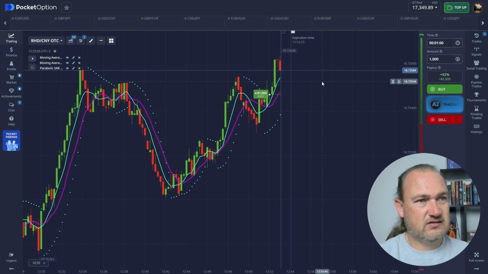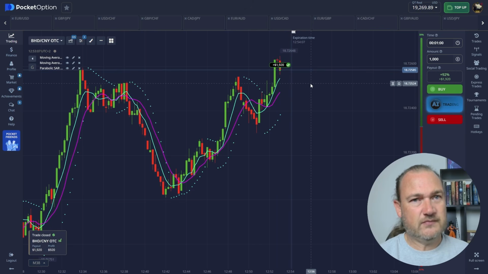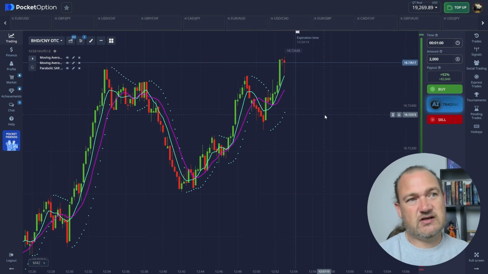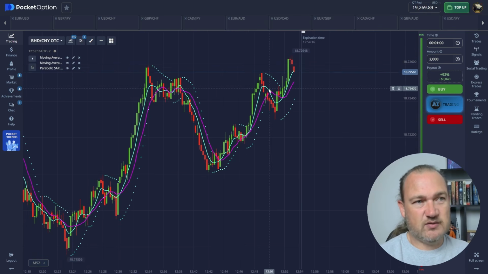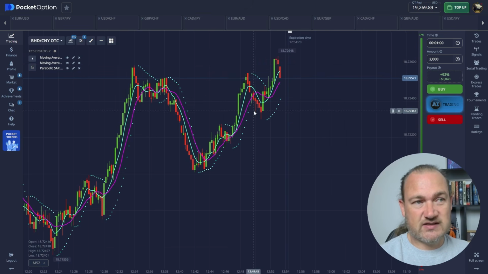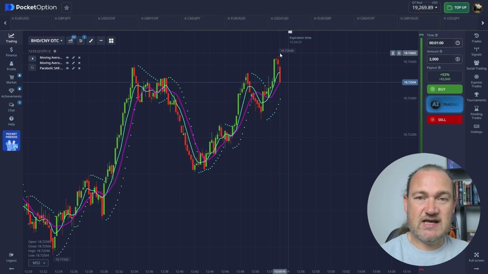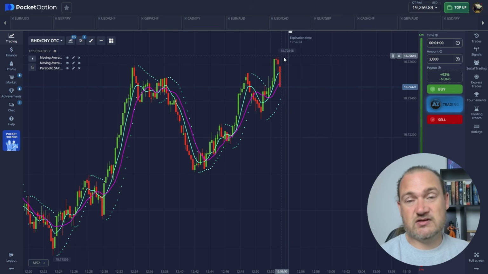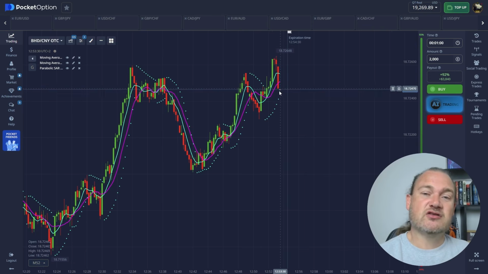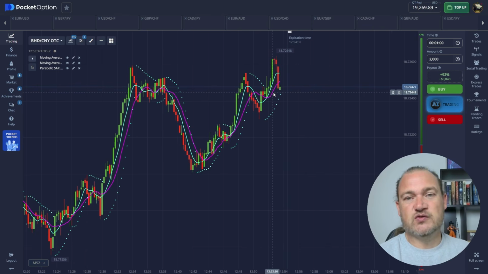2 seconds, done. Fantastic. Okay, so this is a continuation strategy, and what we are doing is attempting to identify corrections in the trend, and if this correction takes place and it breaks the parabolic again, so the parabolic turns bullish, in this case because it's a bullish trend, we're just going to take entries in the direction that the price is moving already.